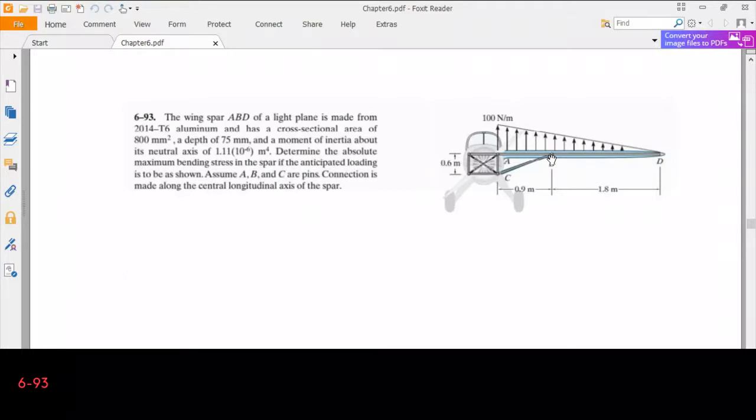So let's begin by drawing the free body diagram of the system first. Also we are given the area, 800 mm square, and the depth of 75 millimeters.